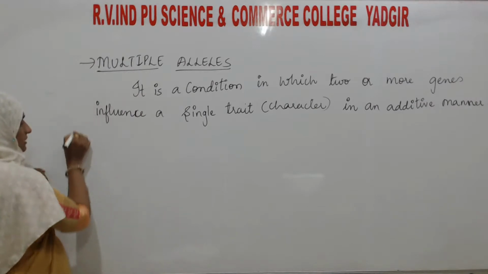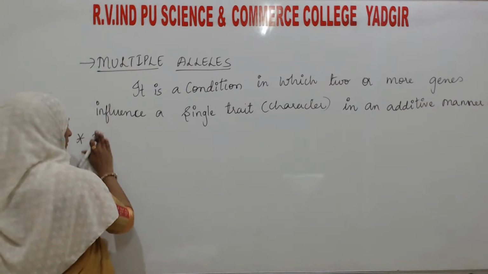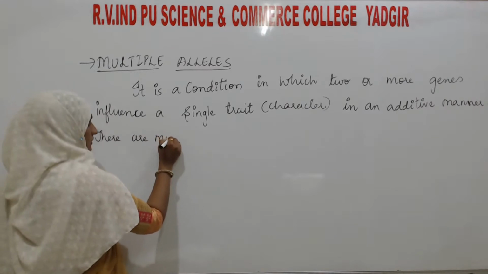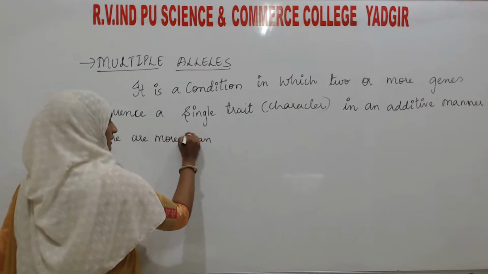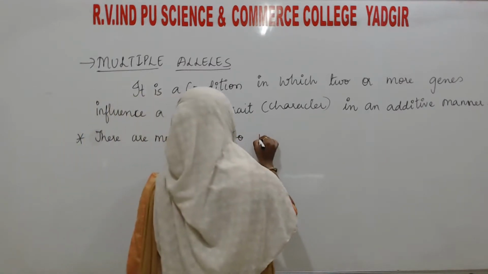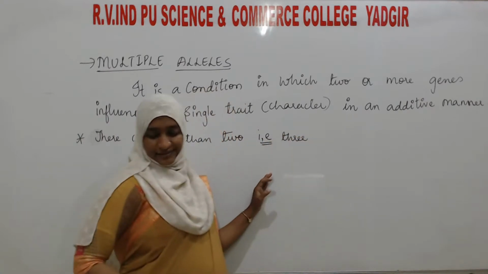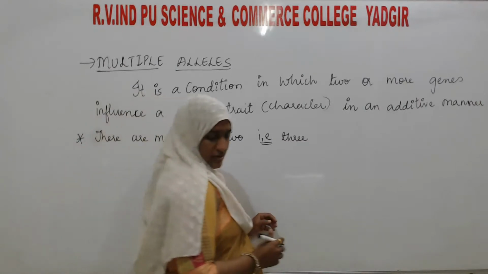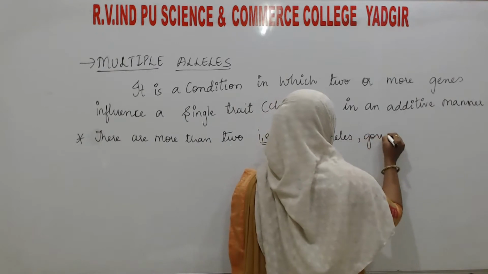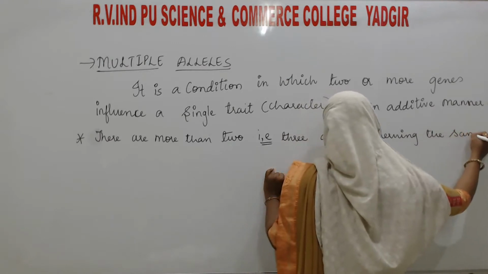One more meaning we can write here: more than two means three alleles governing the same character.